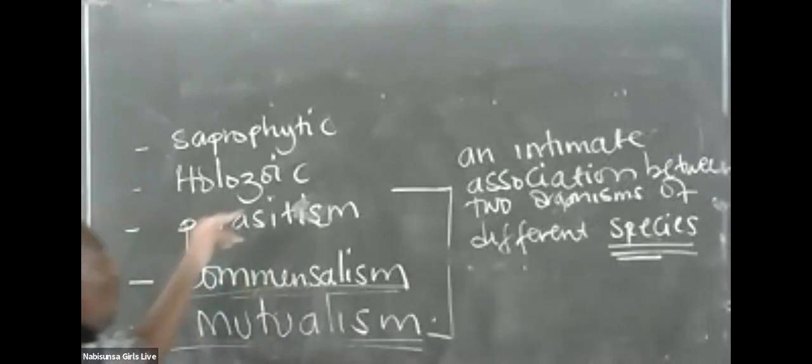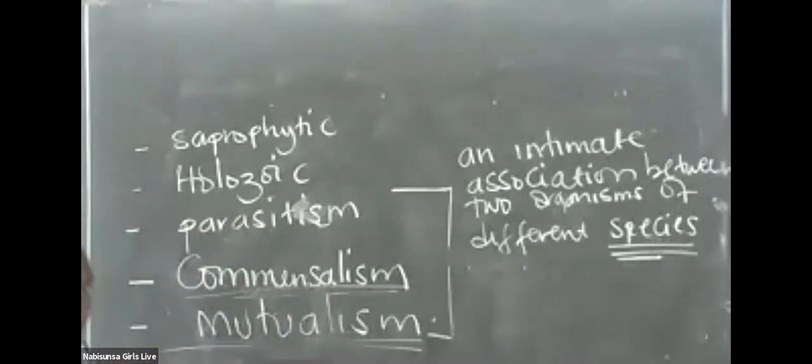So all of these are called symbiosis. They make up what we call what? Symbiosis. And these are some of the forms of nutrition or the modes of nutrition under heterotrophic nutrition.